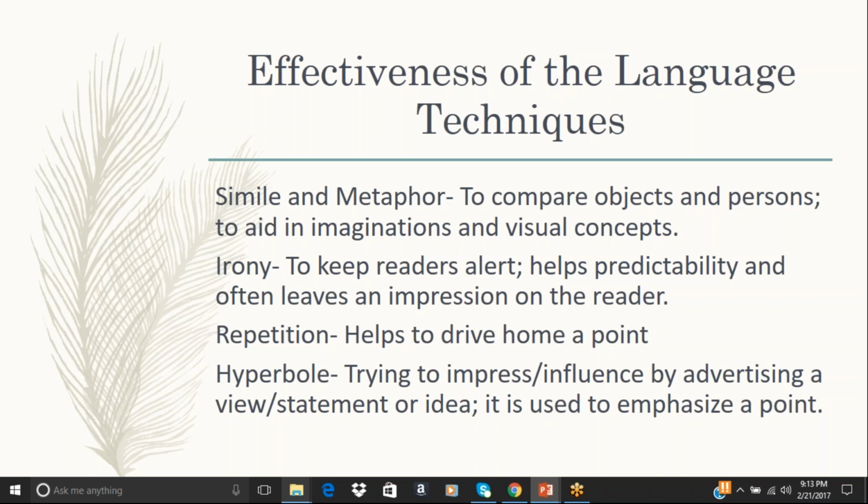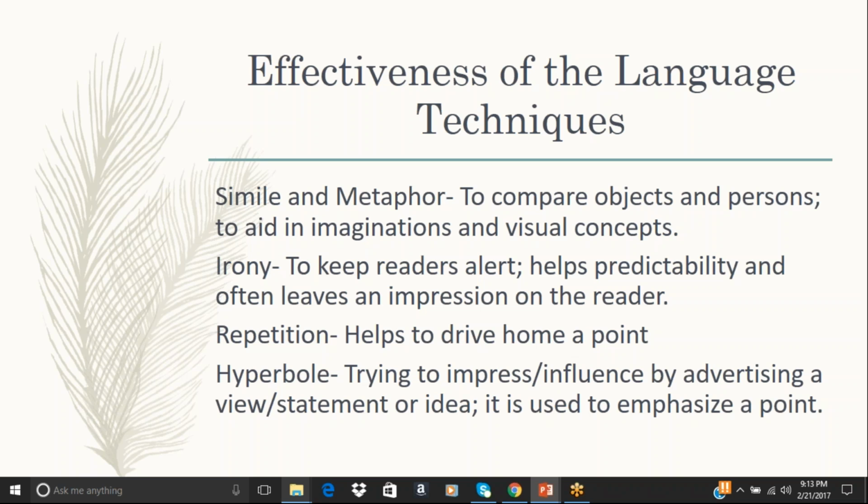The simile and the metaphor compare objects and persons to aid in imagination. The irony helps to keep readers alert, and you know what irony is. The repetition really helps to emphasize and to drive home a point. And hyperbole is really used to exaggerate a situation, but to emphasize a point as well. Or you use it when you're trying to impress.